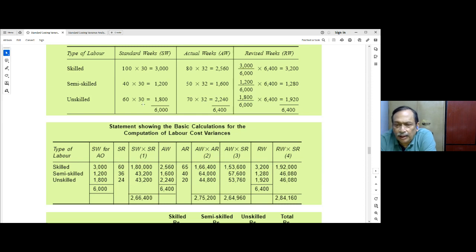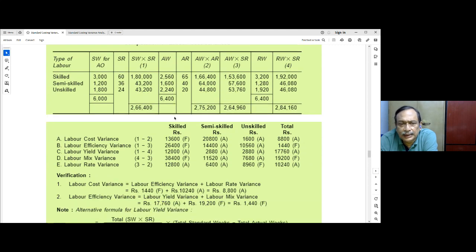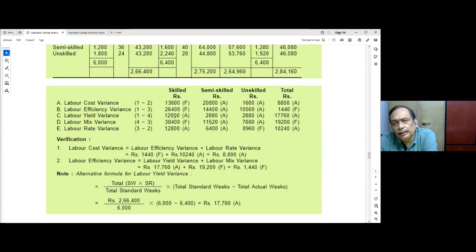Total is 6,400. And RW into SR, let it be 4. It comes to 1,92,000, then 46,080, and also 46,080. So total RW into SR is 2,84,160. Now we should go for checking the variances.